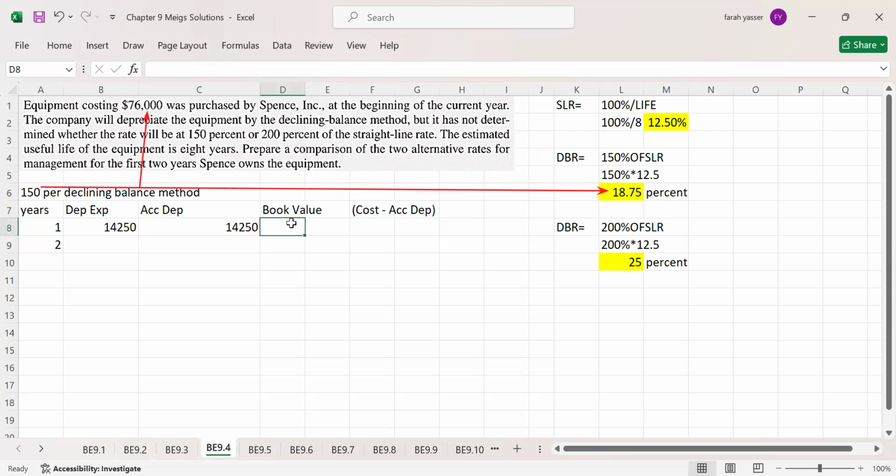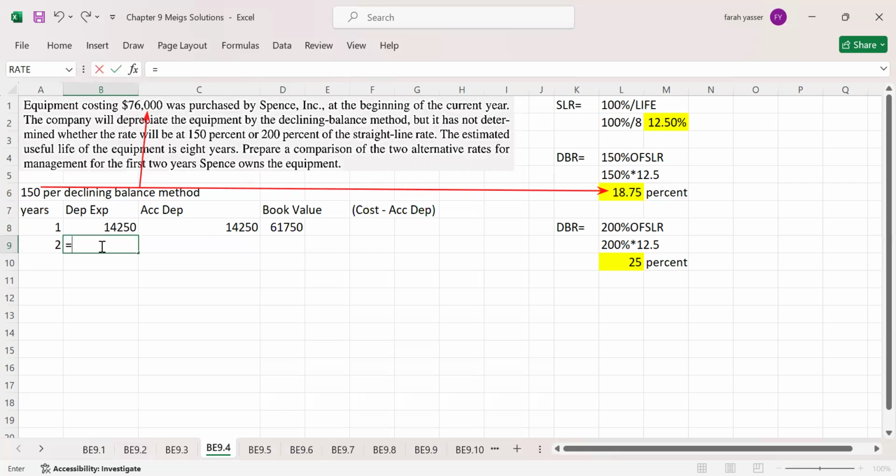So we have cost, which is 76,000, minus accumulated depreciation of 14,250. So this is the book value. In year two, we calculate depreciation on book value. We apply this 18.75% on book value.